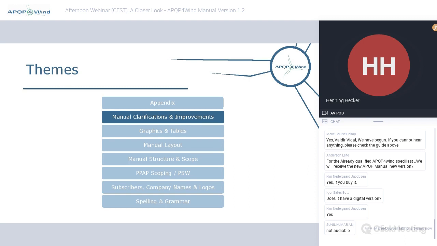All good, okay. Yeah, as Vinan mentioned already, we have a lot of improvements in different sections, and especially in the manual clarification, we put a lot of effort into clarifying some open issues.